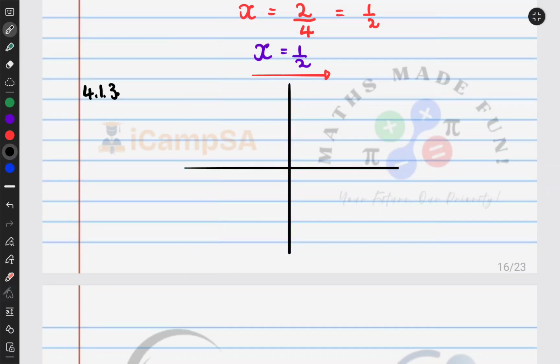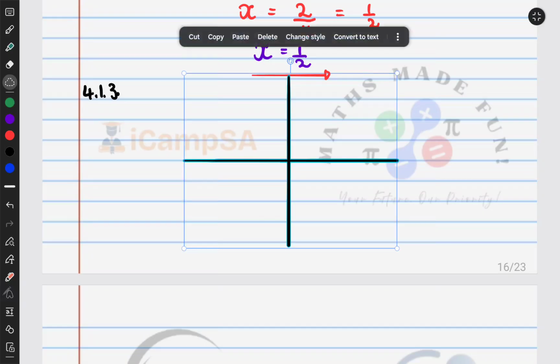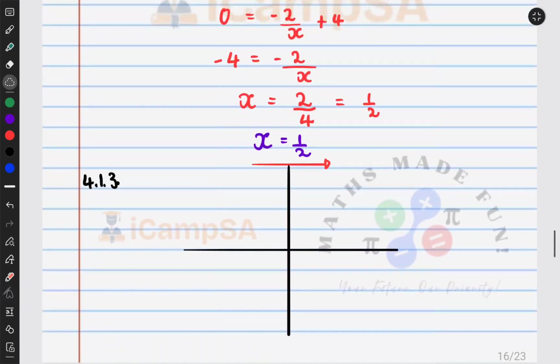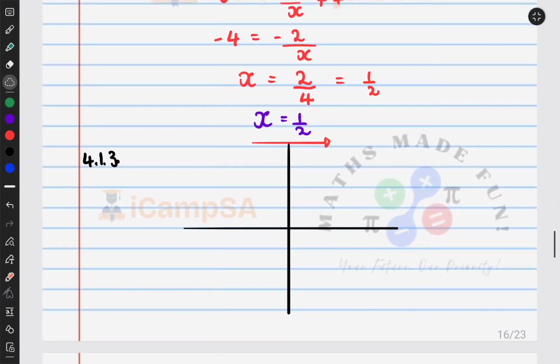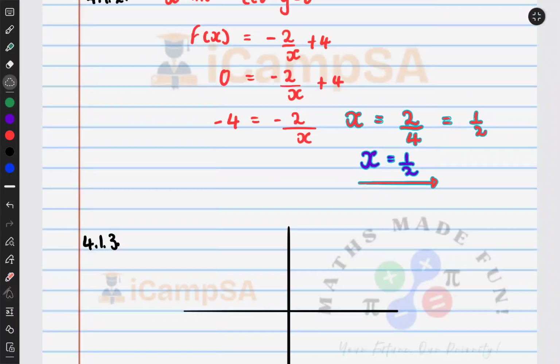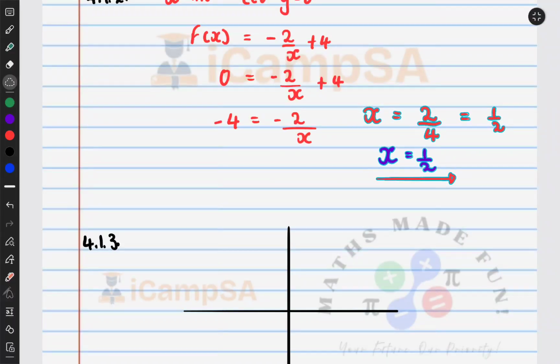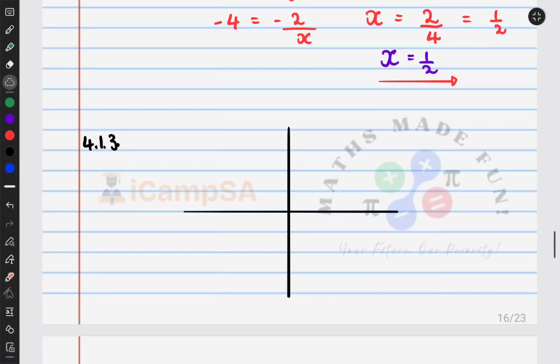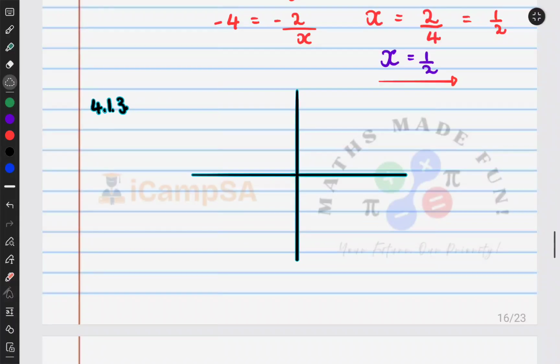Okay, let me do it like this, just to provide a little bit of space.